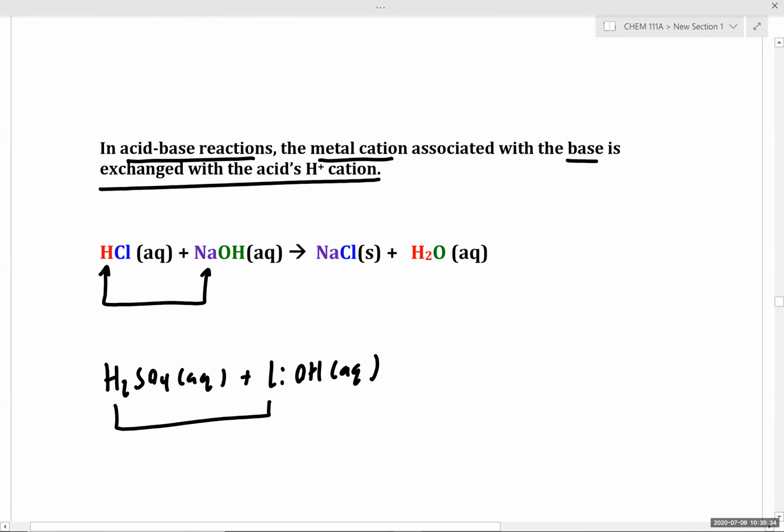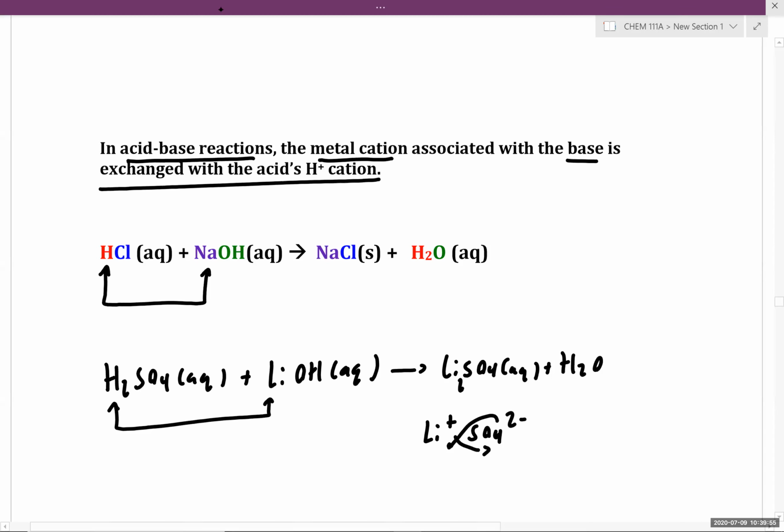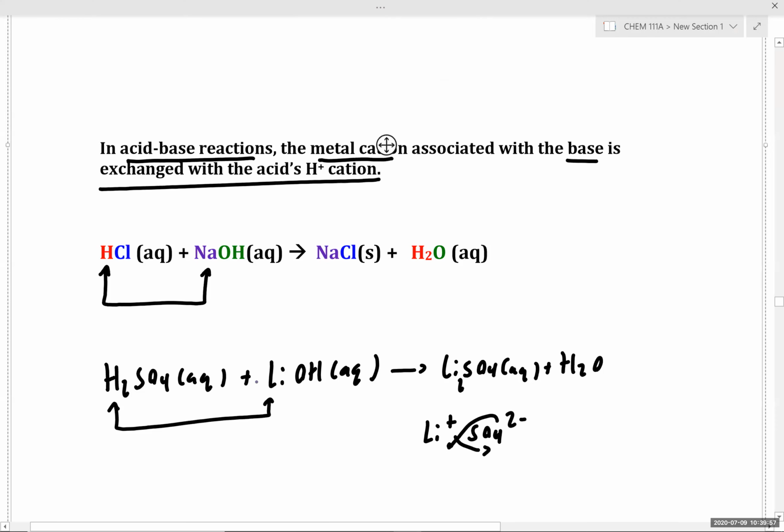We can think of it as the exchange of hydrogen and lithium, but you always have to write your formulas following the charge balance rules. So we get lithium sulfate and H2O, and then we can balance the equation once we have our skeletal equation created.